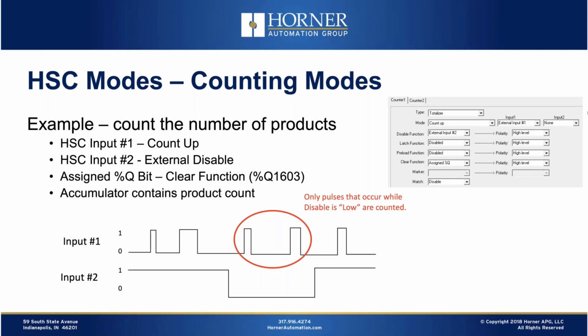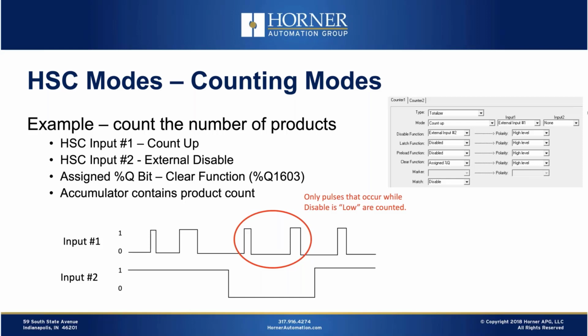It doesn't have to happen at a precise instant in time. And then my accumulator is going to contain the product count. But keep in mind, it's only going to be counting whenever the disable signal is low and my clear function is not asserted in logic. Because if my clear function is asserted in logic, I'm just going to be sitting there with a value of 0 in my accumulator.